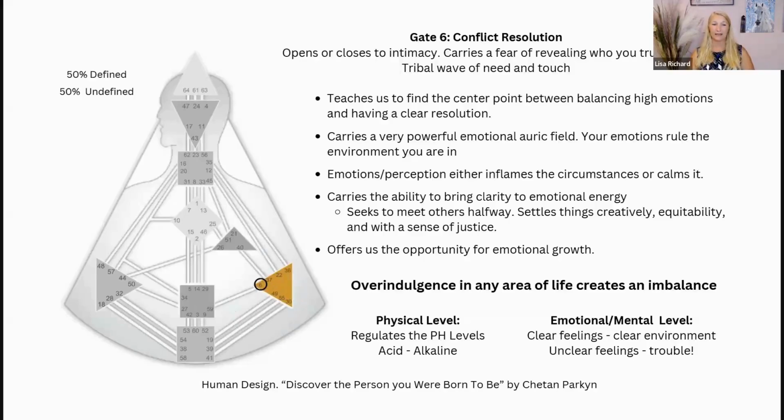And it's really important to understand that emotional energy is communicated through our nervous system, which is why sometimes we use that expression of they're just getting on my nerves, or this is getting on my nerves.